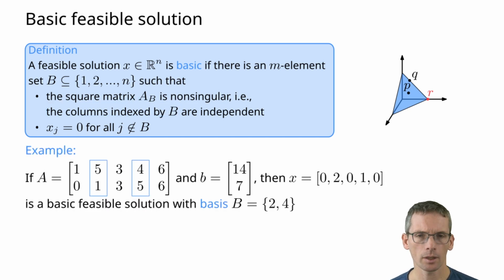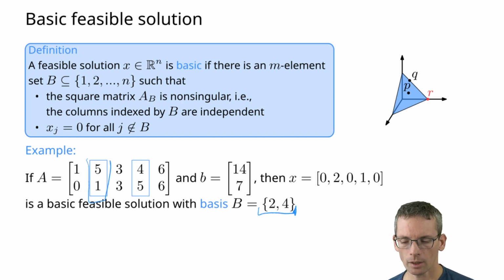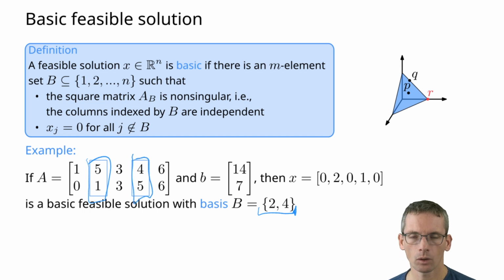If this is A, and I set B to be {2, 4}, I'm looking at the second and the fourth column. Those are linearly independent.